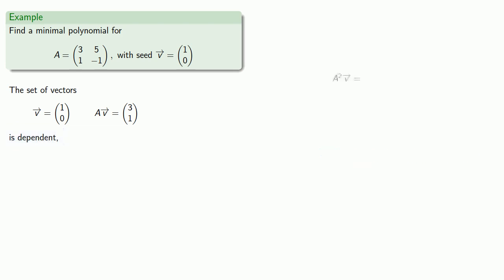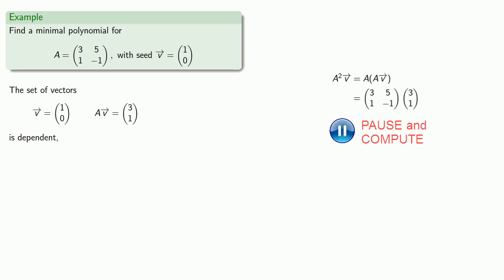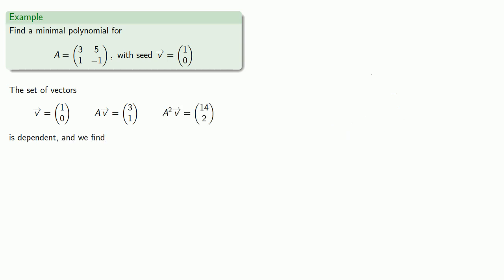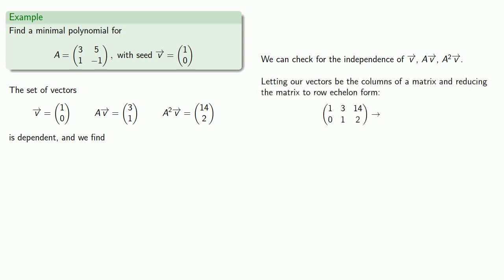So we go on to the next and find A squared v, and that's A applied to Av, which is... and now we check for the independence of the set of vectors v, Av, and A squared v. So again, letting our vectors be the columns of a matrix and reducing the matrix to row echelon form gives us... Again, not a lot of excitement here.